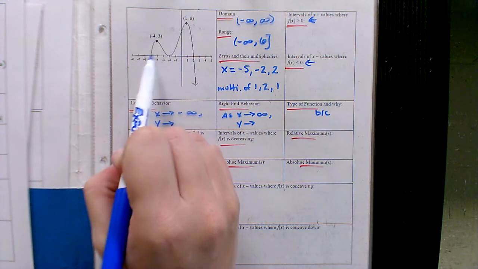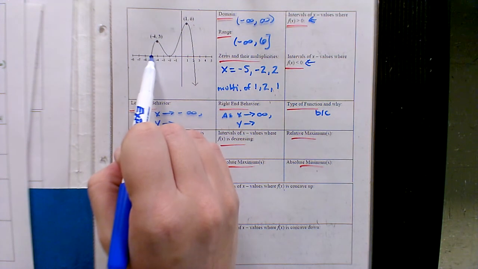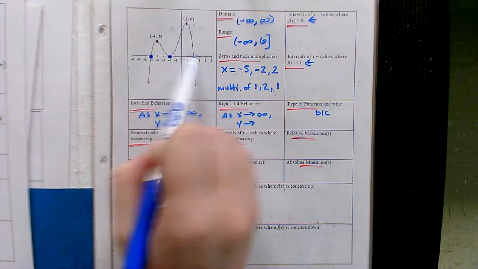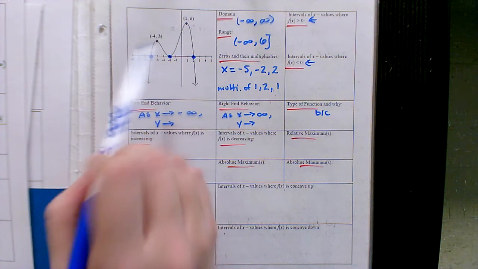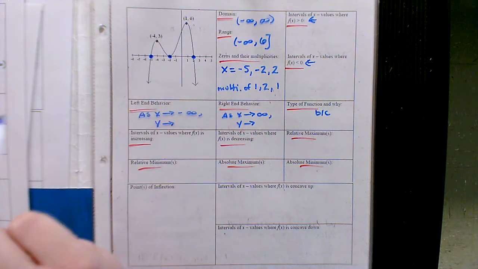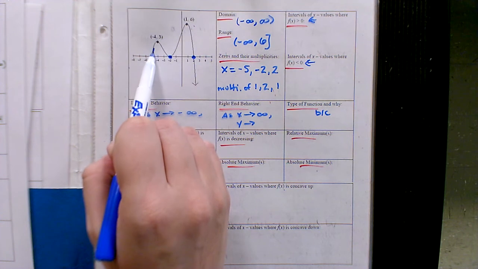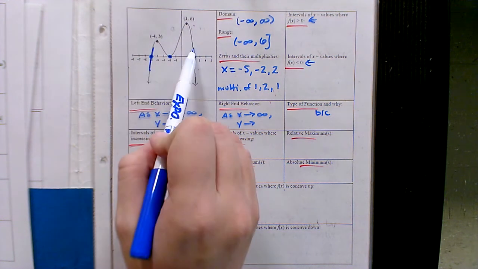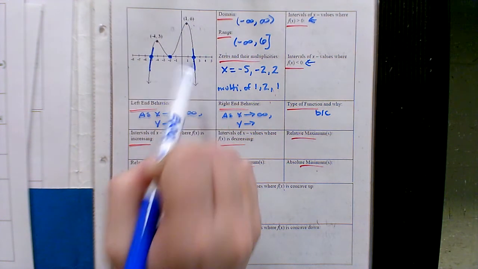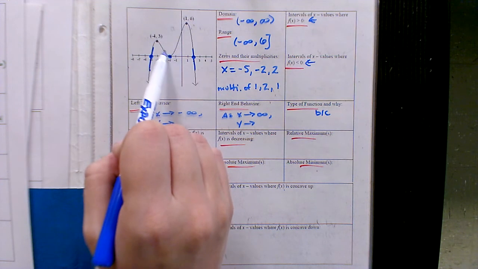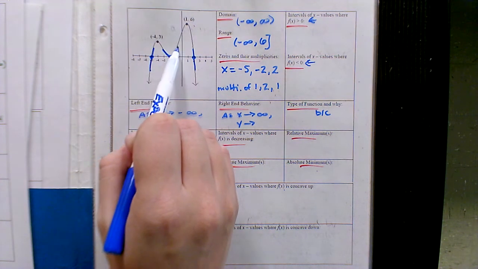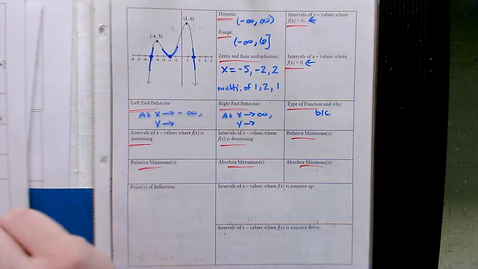All right. So the x-intercepts are -5, -2, and +2. All these are x-intercepts, but notice how they're different types. At this x-intercept, the graph goes straight through. Same thing's going on at 2. But at the x-intercept at -2, the graph just touches or bounces.